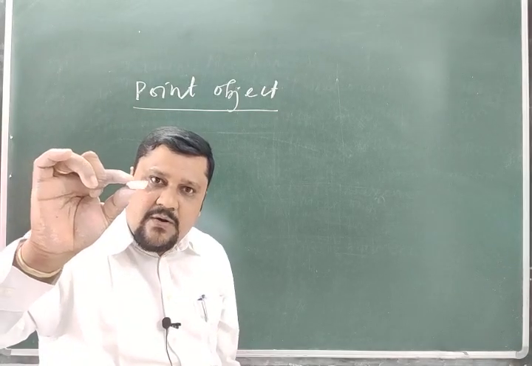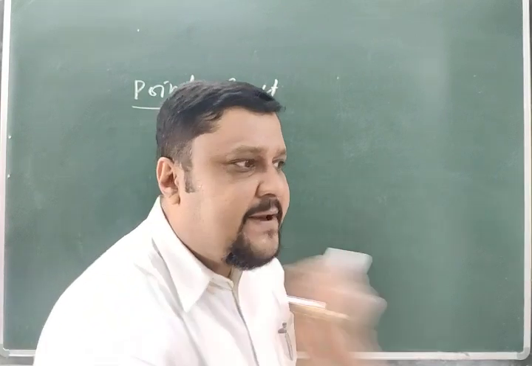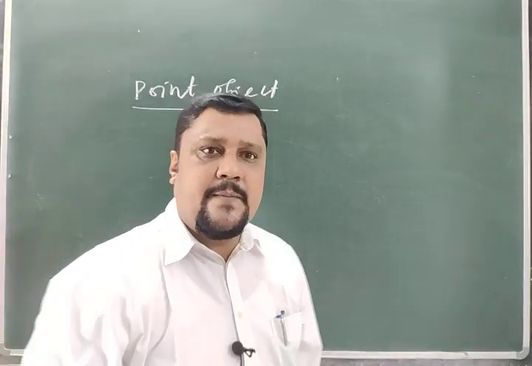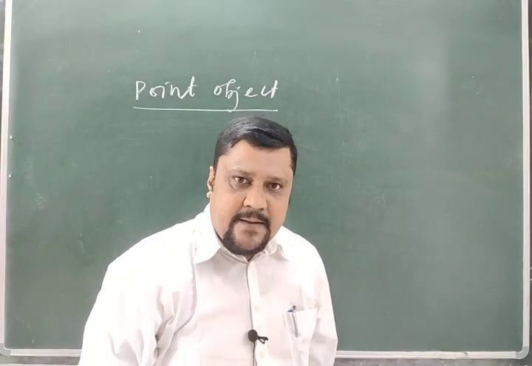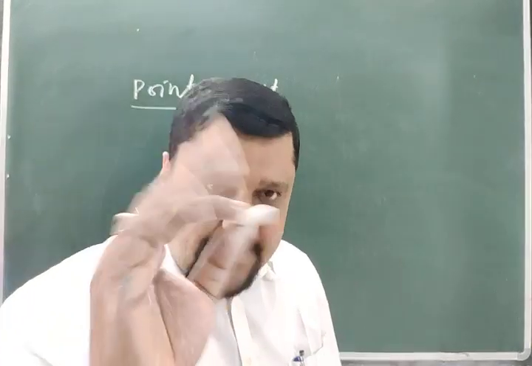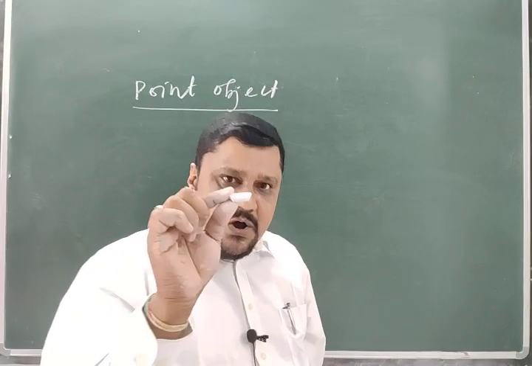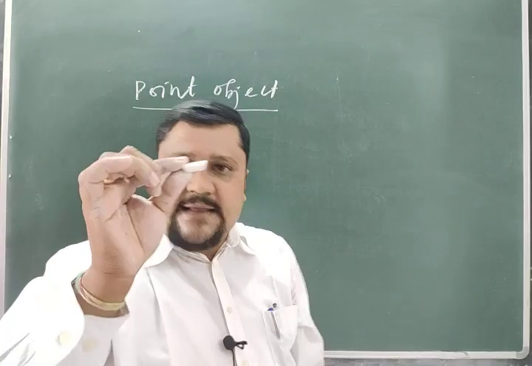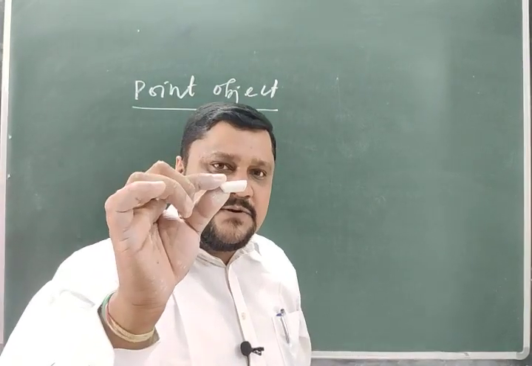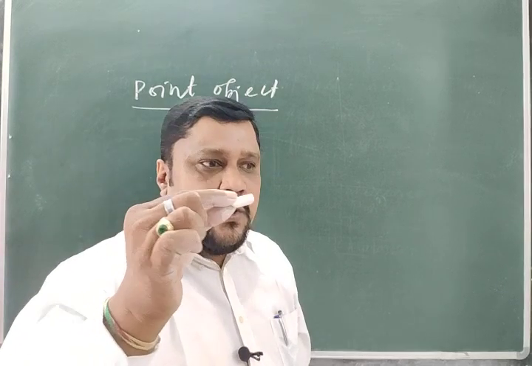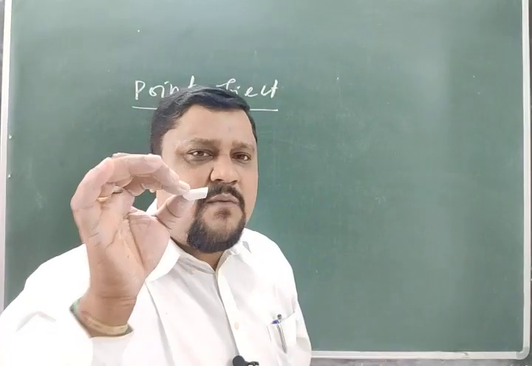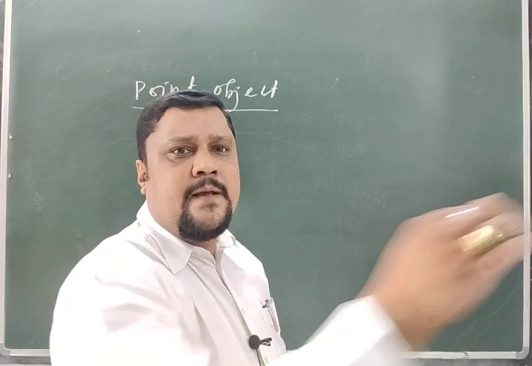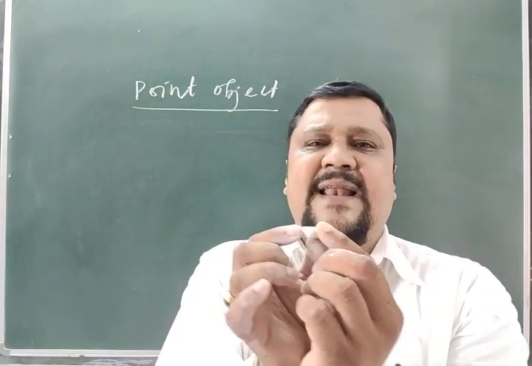This chalk is a point object if it covers 3 km. Let me take an example like this. The dimension, meaning shape and size, of this chalk is negligible as compared to the distance traveled by it. Suppose it covers 100 meters, then the dimension of this chalk is very negligible.